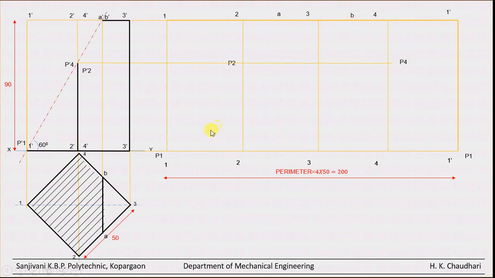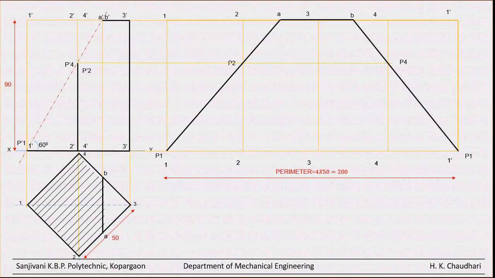Now just join P1, P2, A, B, P4 and again P1 to obtain the development, clear. So join them. These are the cut portions of the edges, and 2 to P2, 4 to P4 and here up to P1. Okay, these are the cut edges, and the remaining are the surfaces and the edges also.